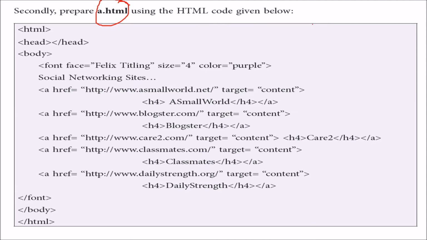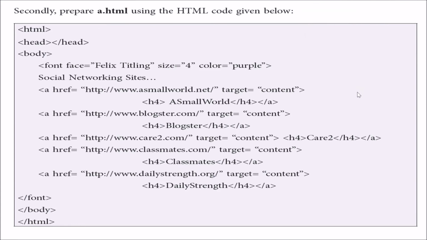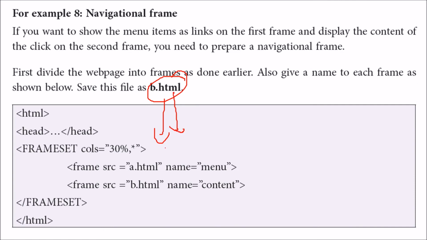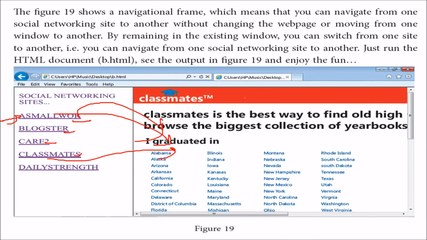You have to make one file to make a frame, then make a.html, then make b.html. In my opinion, this needs to be changed somewhat from the book, and the main file also has to be made. So I will show you the correct thing you have to do, and I'll explain it also.